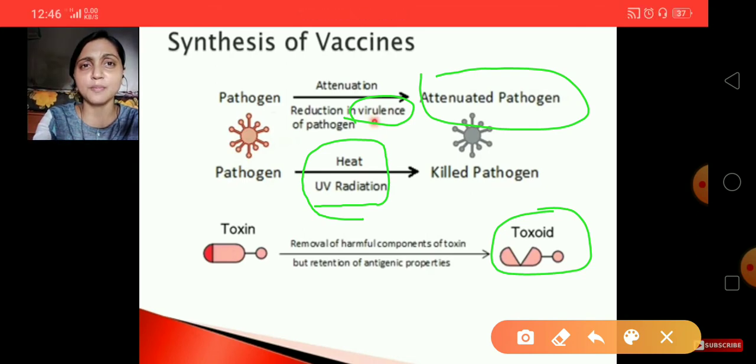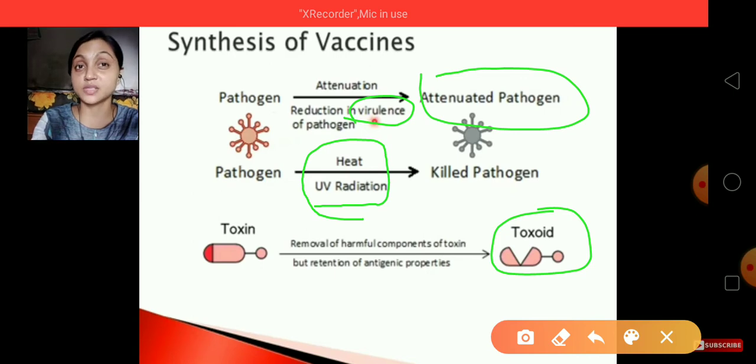This is the main challenge for scientists nowadays who are finding a vaccination for COVID-19, because the coronavirus is continuously mutating itself. Till now we have 3,300 different varieties of COVID-19, so it is a very big challenge for scientists to find the right antibodies.